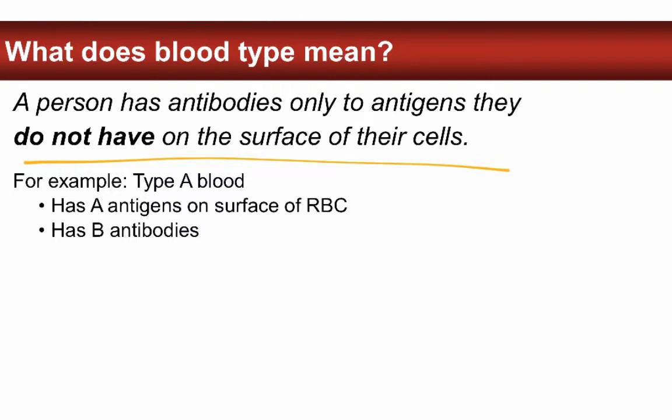So as an example of that, if someone has type A blood, here's the red blood cell, and that's the A antigen.